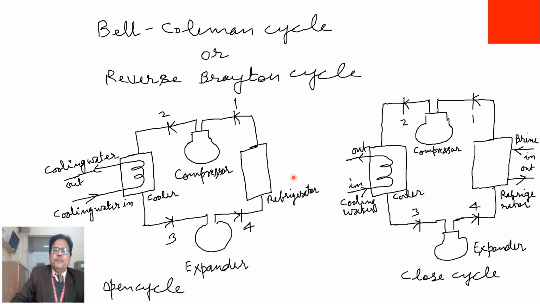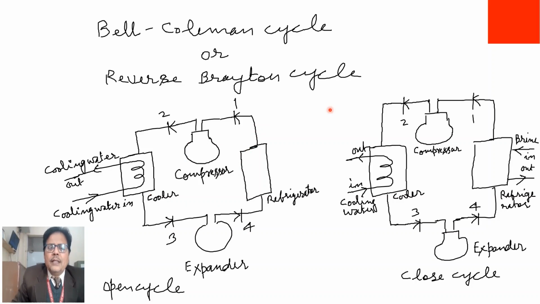In this way the air which was at low pressure and low temperature absorbs heat from the system, and at state 1 we get air at a comparatively high temperature but low pressure, which is then sent to the compressor. In this way the air circulates in the cycle.